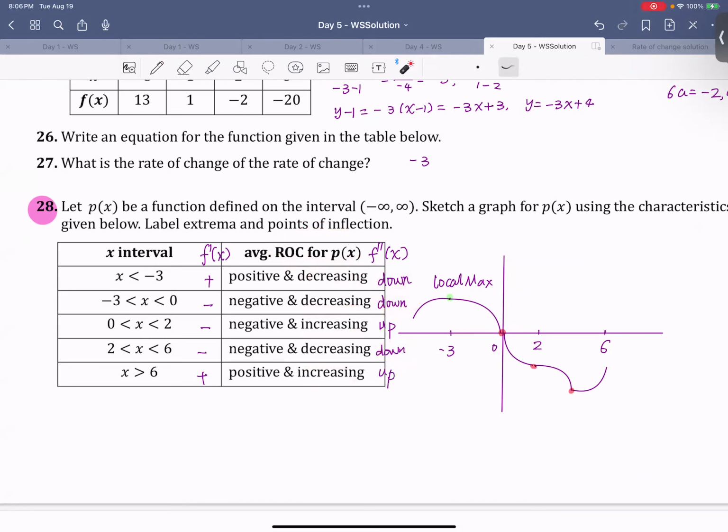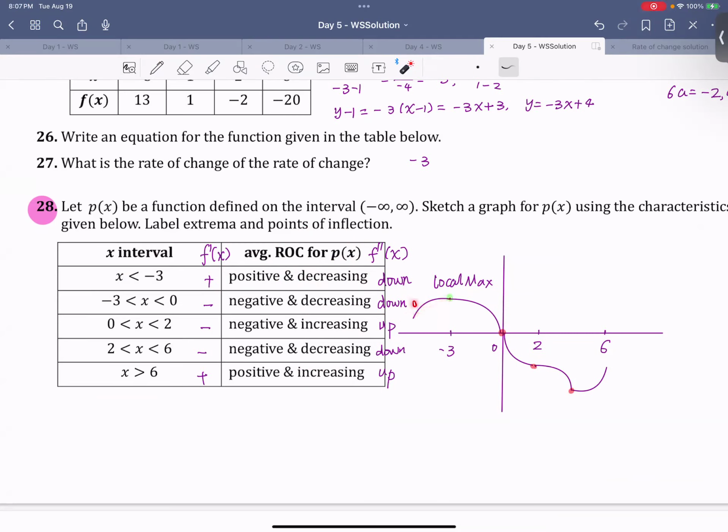And then when I draw it, it has -3, 0, 2, 6. Less than -3, positive, of course going up, and at the same time concave down. Some people say, no, I want to draw a straight line. No, no, no. If you draw that, the concavity is 0.